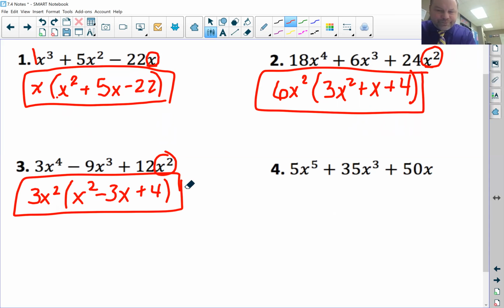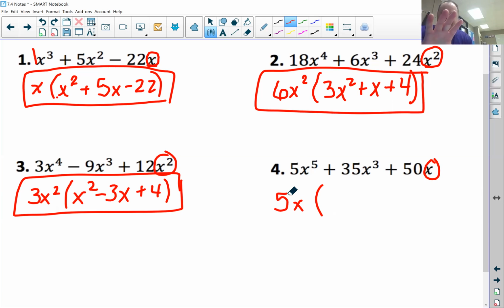Last example, each of the terms here end in either a 5 or a 0. So 5 is going to be a greatest common factor. And we have an x in each term, and the lowest exponent is to the first. 5 divided by 5 is 1.